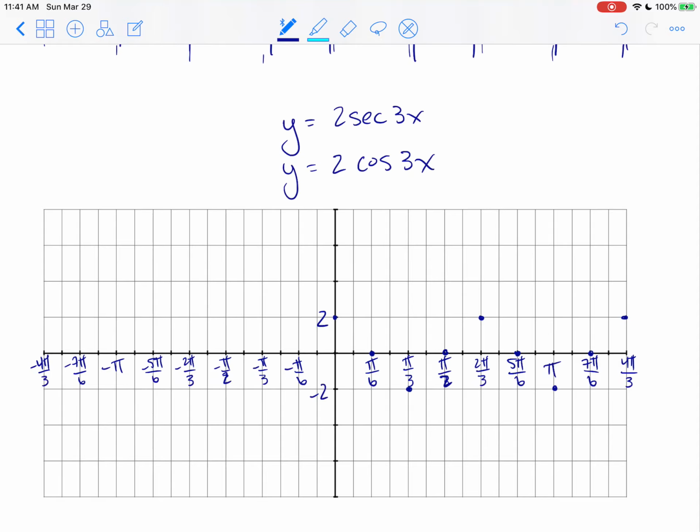Okay, and you can see I complete one complete cycle in a span of 2 pi over 3, which was our period. And again, if I were doing this with you in person, I would be doing this in pencil, because I'm going to erase it after I have figured out what secant would actually look like.